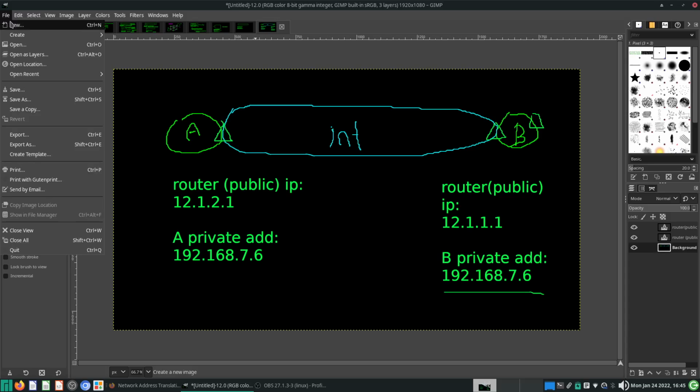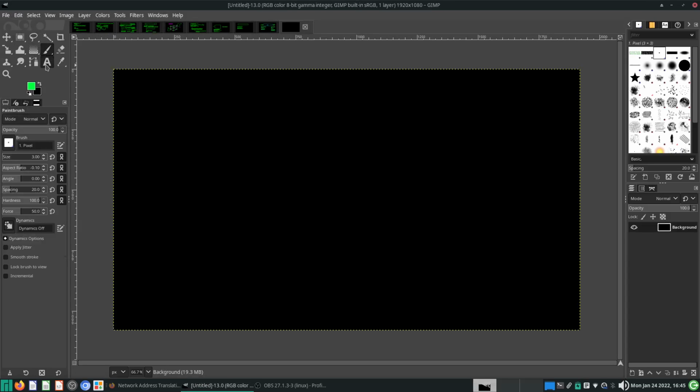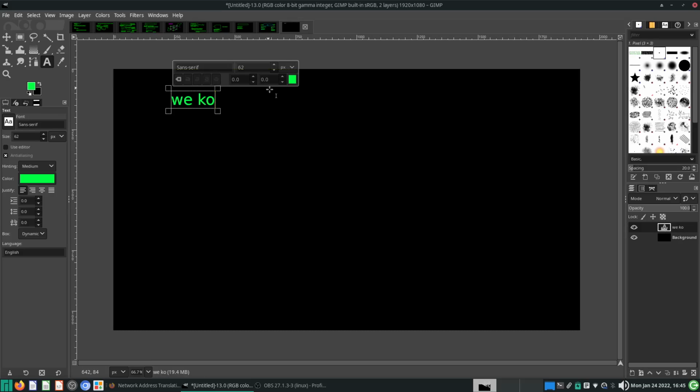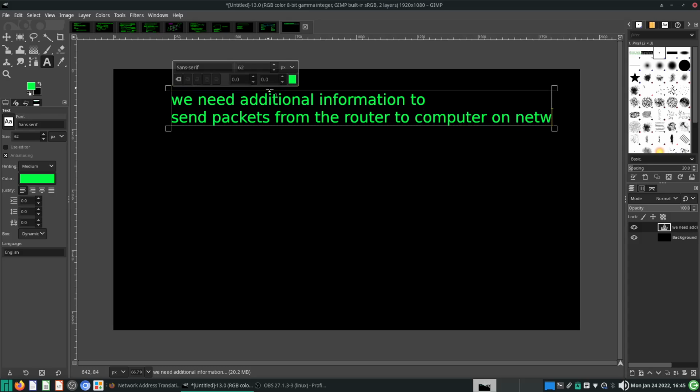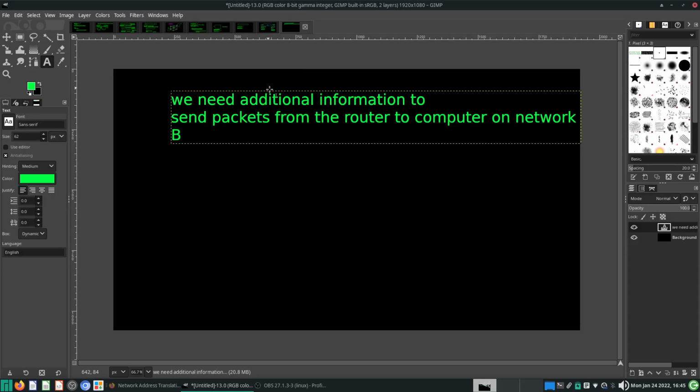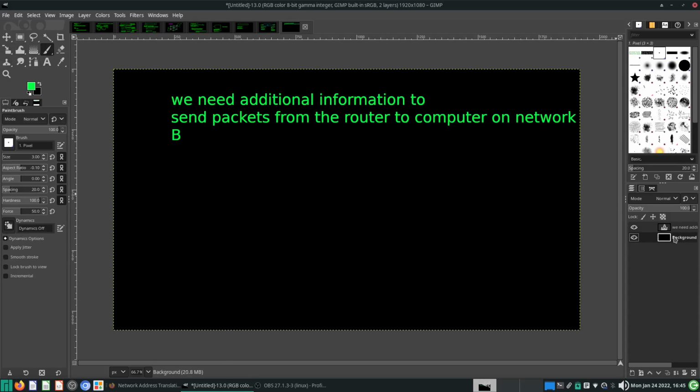Okay, so like I said before, we need additional information to send packets from the router to the computer on network B. To do that, what information do we need?